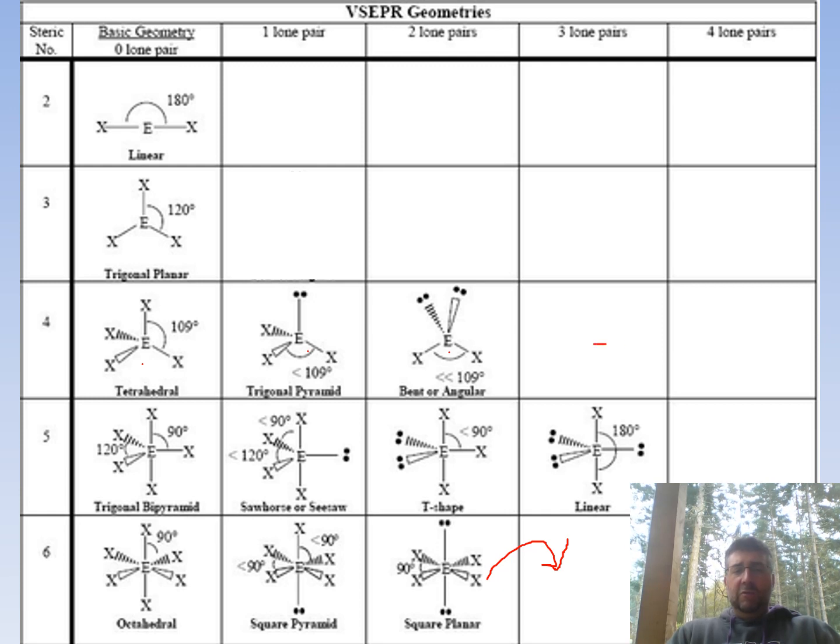Then this would just be linear. And then over here, we're going to go group 15, group 16, group 17, group 18, and then over here, group 16, group 17, group 18. So you can't do this, you can't do this, can't do this. All right, so we're filling in our chart.